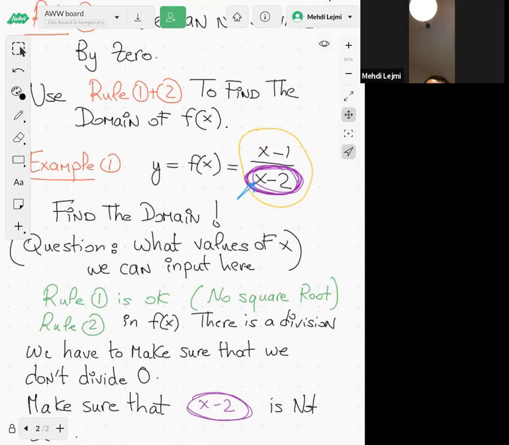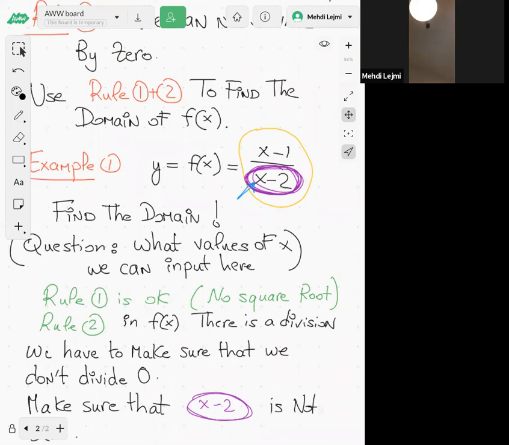The denominator is going to be 0, and we are not allowed to divide by 0, right? x can be 100, can be 99, can be 1/2. It doesn't matter. The only problem is when x is positive 2, because then the denominator is going to be 0. So my x can be any real number except positive 2.